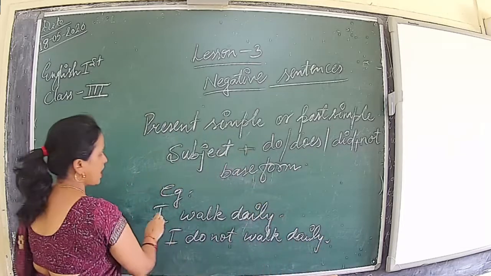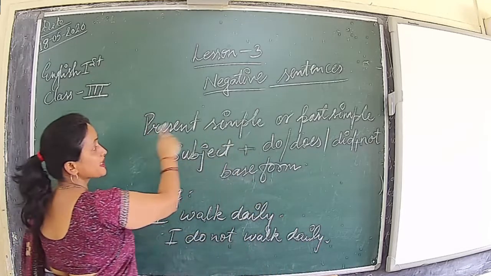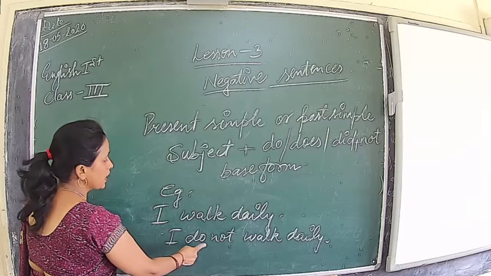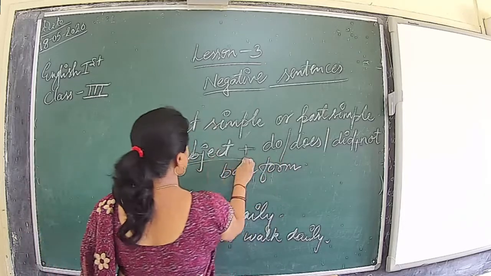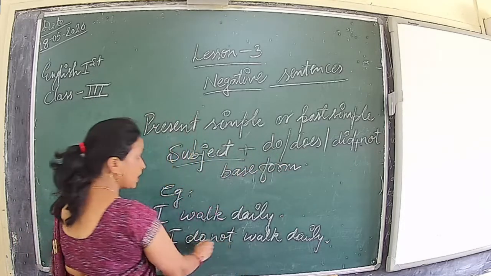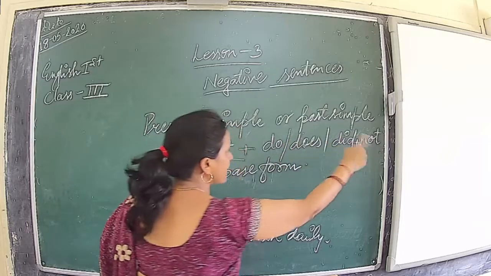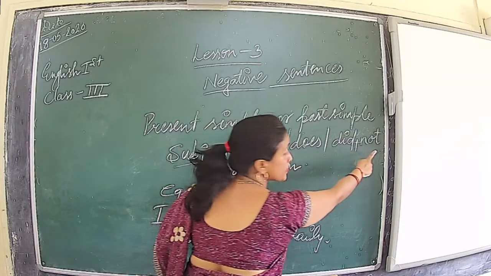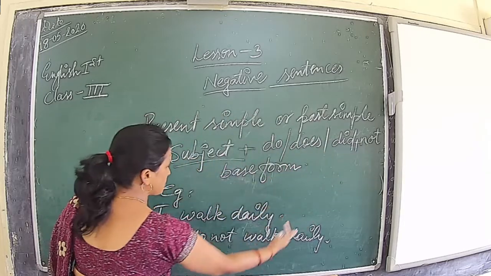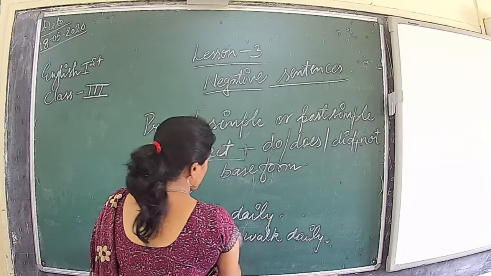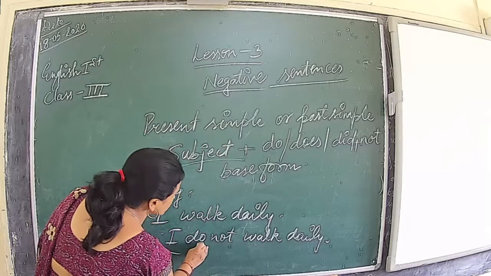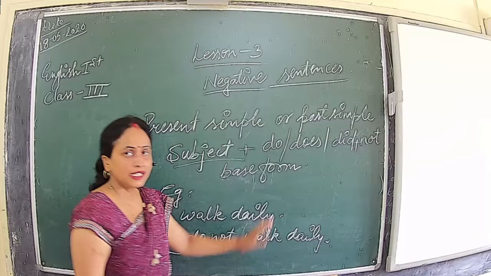As you see here, the subject is I, plus do. We have to use do, does, did. With that do, we have to use not, because we are changing into the negative sentence. And the base form of the verb is walk. So: I, subject, do not walk daily. Like this you have to say.